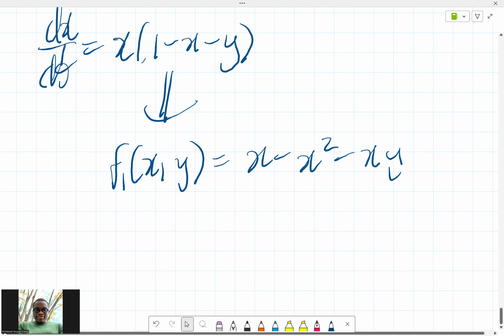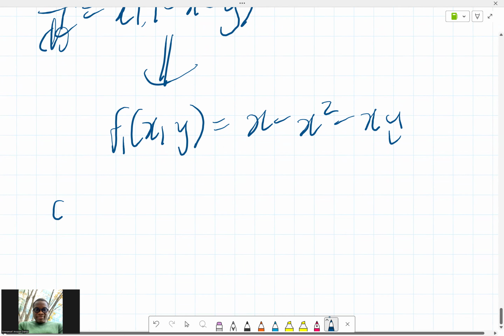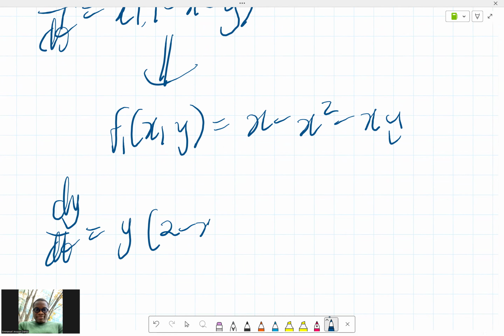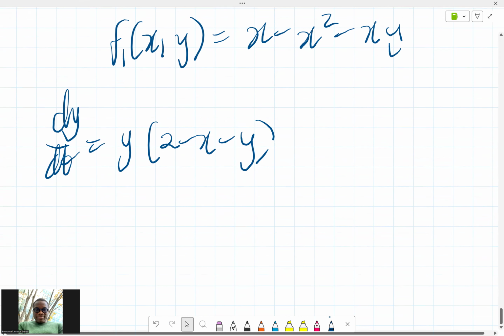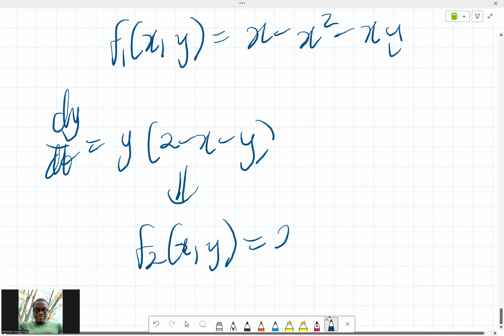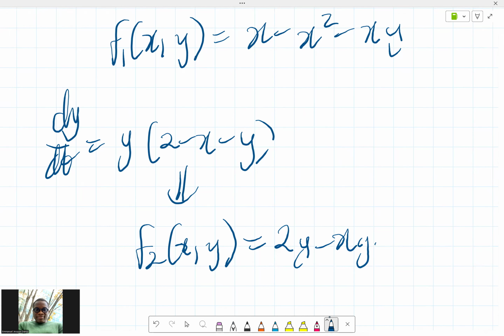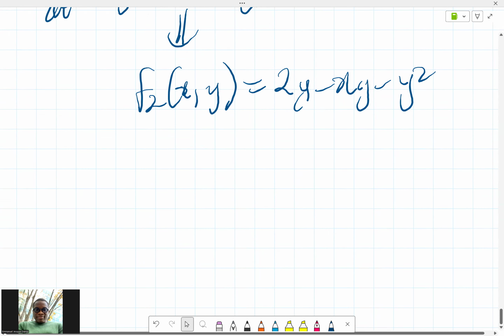So it's easier to differentiate this way. That's why I wrote it that way. Then we have dy dt equals y into 2 minus x minus y. Again, we can write this as f2 of x comma y equals 2y minus xy minus y squared for easier differentiation. So we can get the Jacobian matrix.